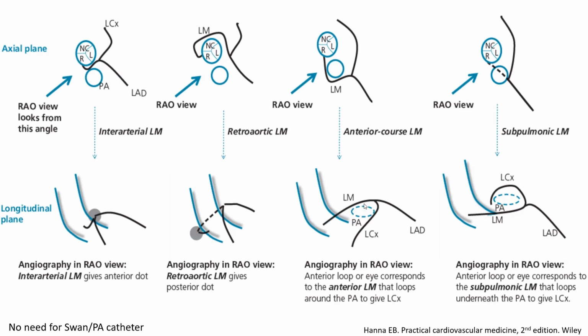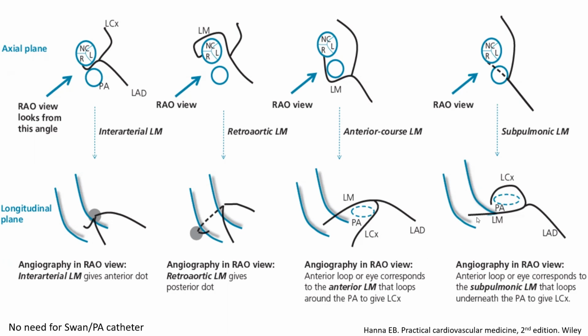You see, it's an eyebrow or loop, wide in front of the PA. Now, you don't see the PA, but you can imagine it when it's doing this wide loop before, in the case of the left coronary, splitting into giving the circumflex down and the LAD. This is an anterior pre-pulmonic anomalous coronary.